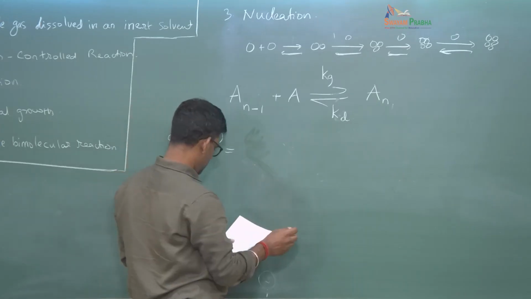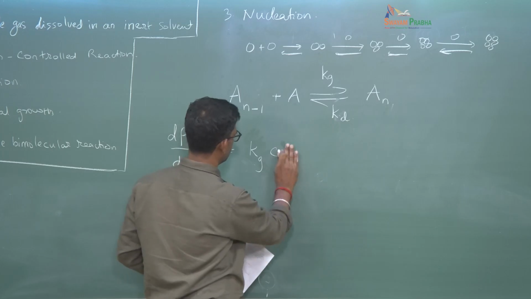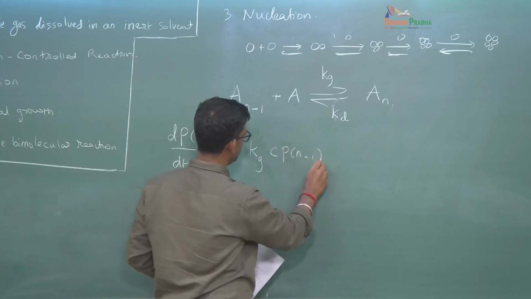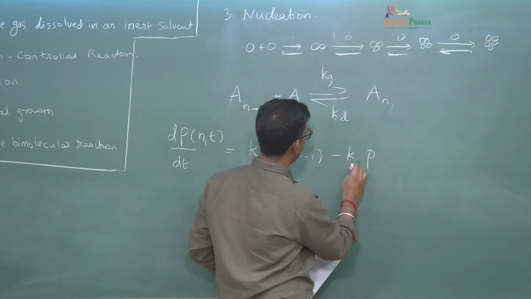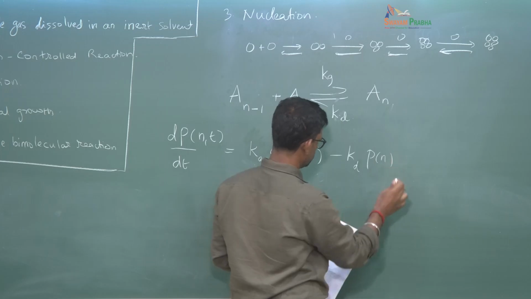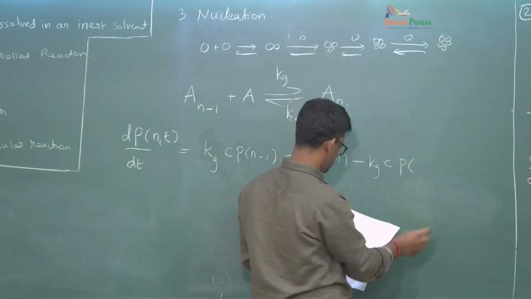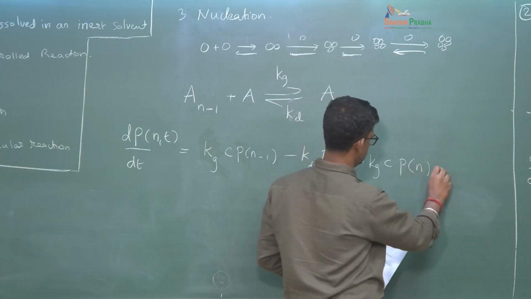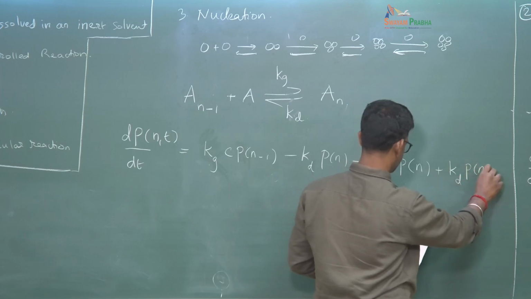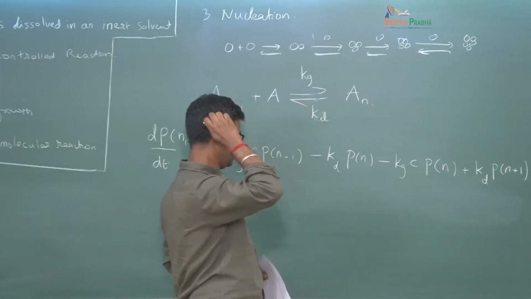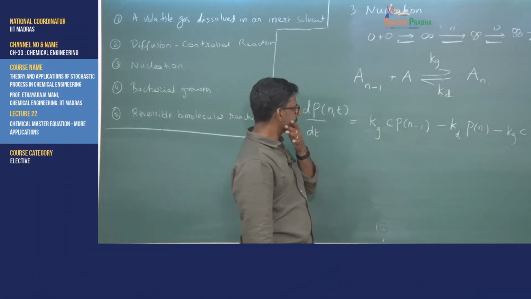You will see that this becomes K_g C P(n-1) minus K_d P(n)... K_g C P(n) plus K_d P(n+1).